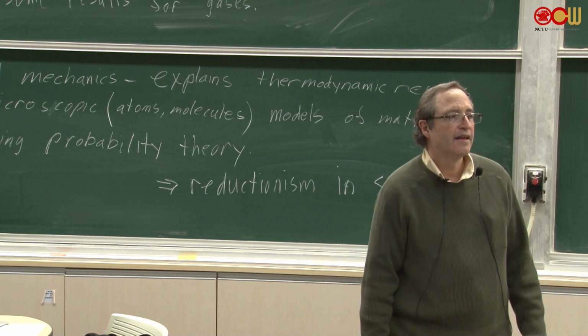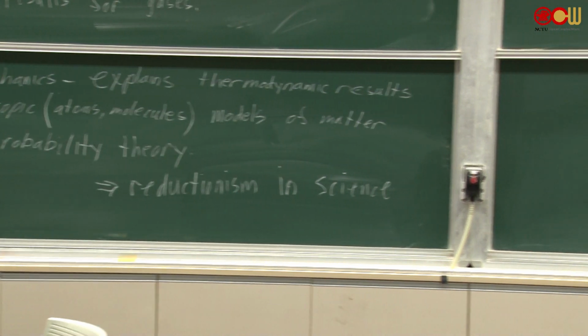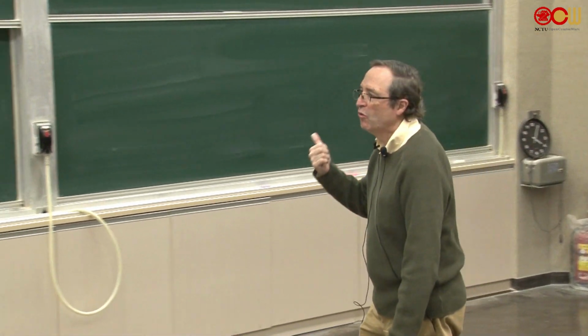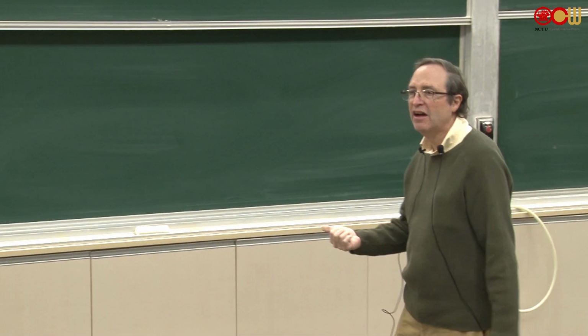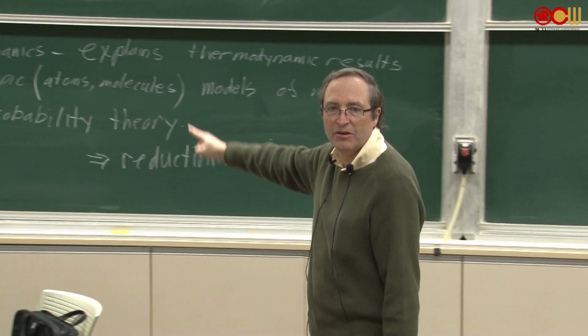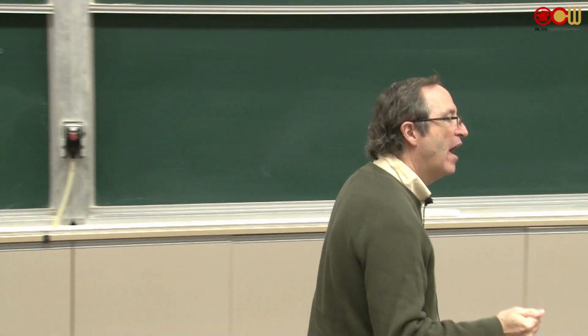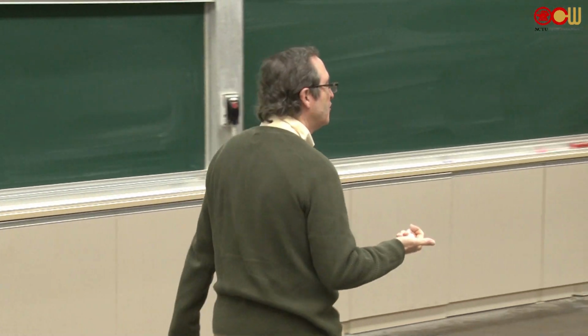Right? Namely, we reduce one theory to a more fundamental theory underneath. And this is probably the best example. When philosophers talk about reductionism, they almost always use this example because it's so powerful and works so well.